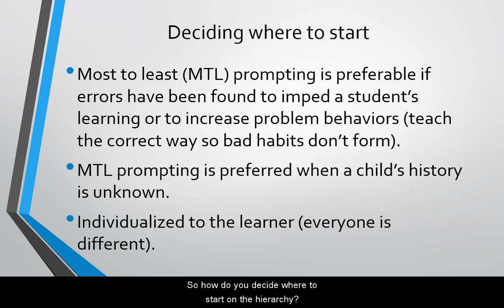So how do you decide where to start on the hierarchy? Most to least prompting is preferable if errors have been found to impede a student's learning or to increase problem behaviors. There are some kids that get easily frustrated, so we want them to see success sooner than later.